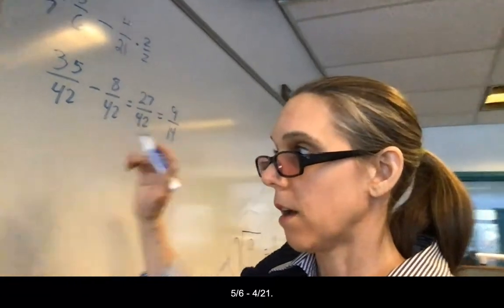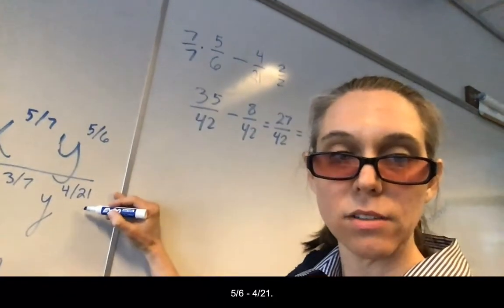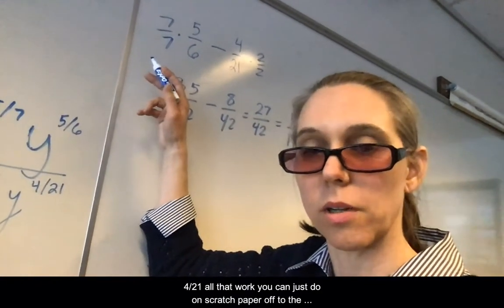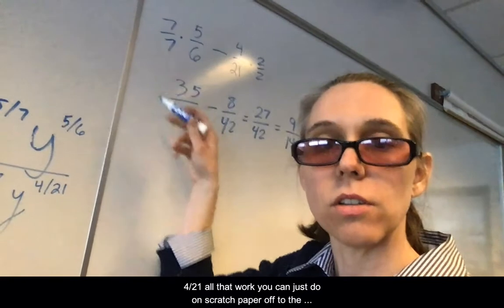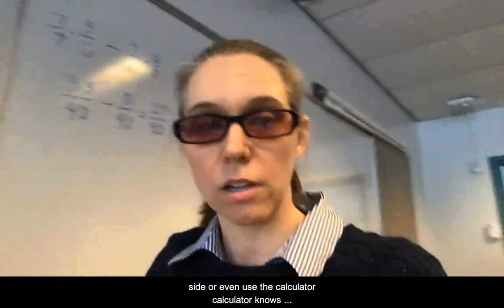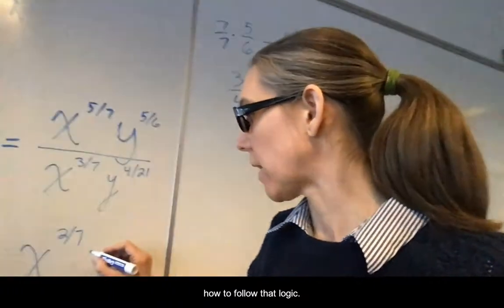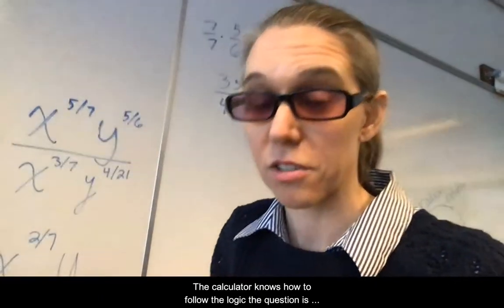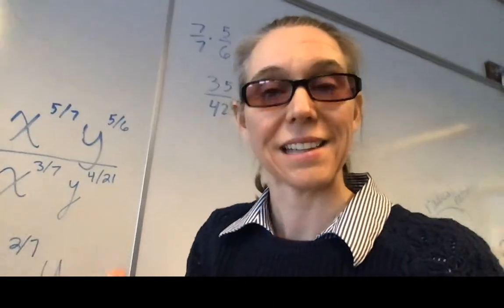So you don't have to show this work. This work of 5/6 minus 4/21. Anyway, all that work you can just do on scratch paper off to the side, or even use a calculator if your calculator knows how to follow that logic. Well, the calculator knows how to follow the logic. The question is whether you type it in correctly.